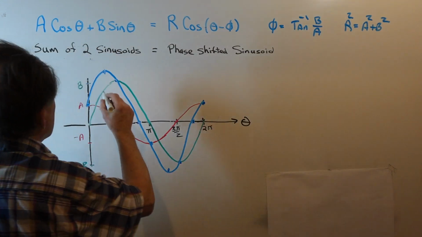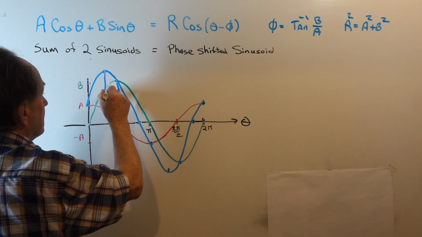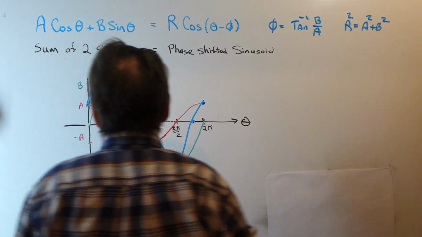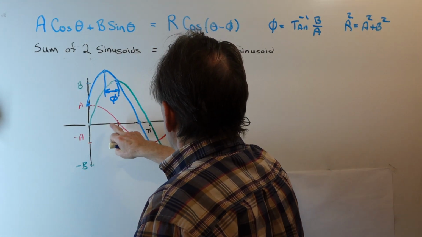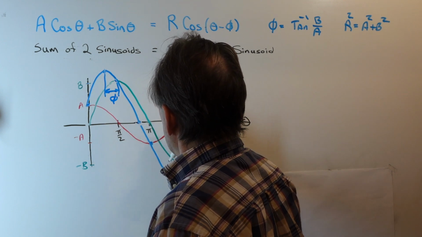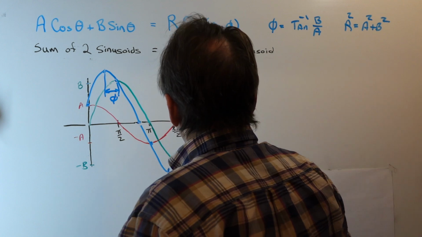So we have a shift here between the peaks, and this is our phase shift phi, and the same thing if we look at the zero crossings. The zero crossing is shifted to the right a bit from the sine curve.